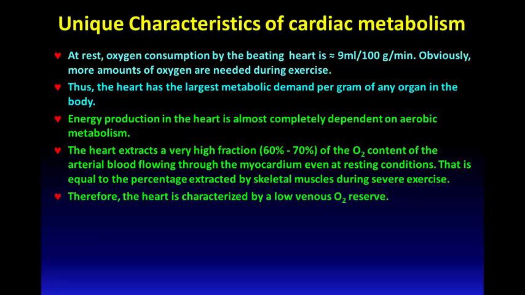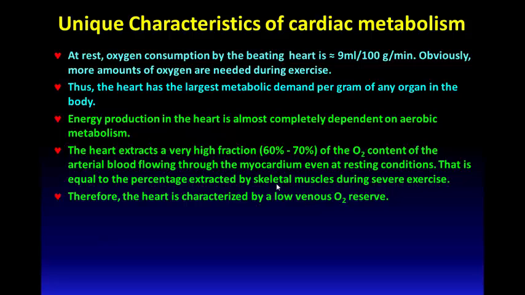As a result, the heart extracts a very high fraction, approximately 60 to 70%, of the oxygen content of the arterial blood flowing through the myocardium, even at resting conditions. This rate of oxygen extraction of the myocardium at rest is equivalent to the percentage which is extracted by skeletal muscle during severe exercise.